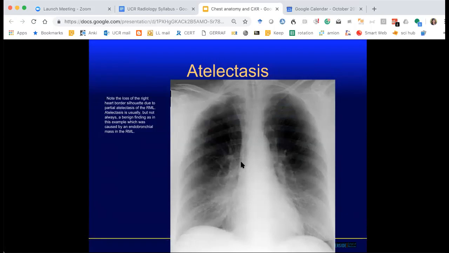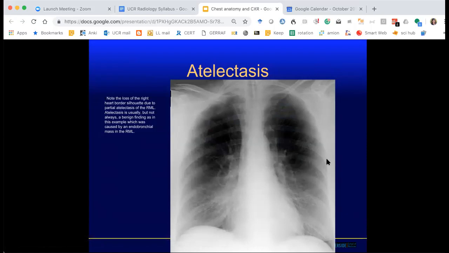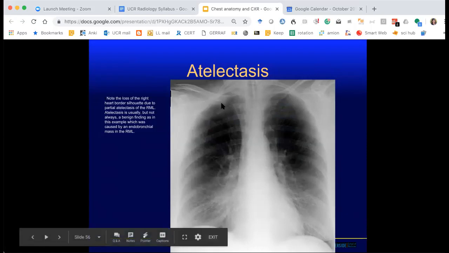Someone asks, is the right hemidiaphragm usually slightly more elevated because of the liver? And Guerrero said the same question. It is a little bit more, but I think overall you have volume loss, because here the left side is a little bigger, and here the right side is globally a little bit smaller, and the right hilum is pulled down a little bit.